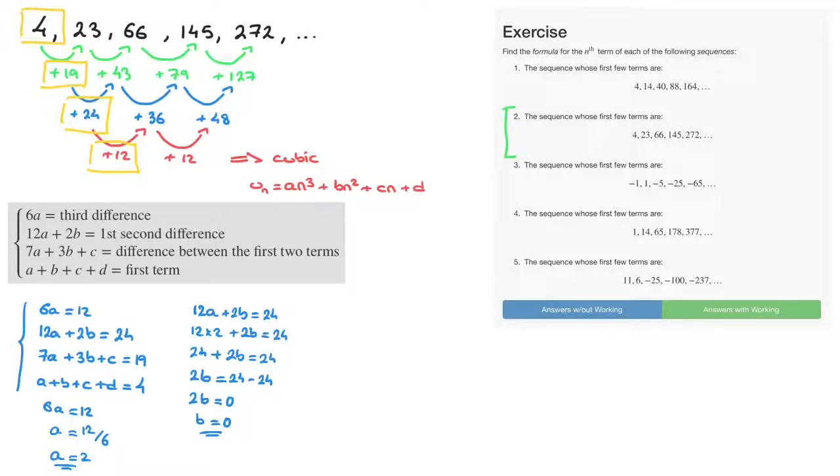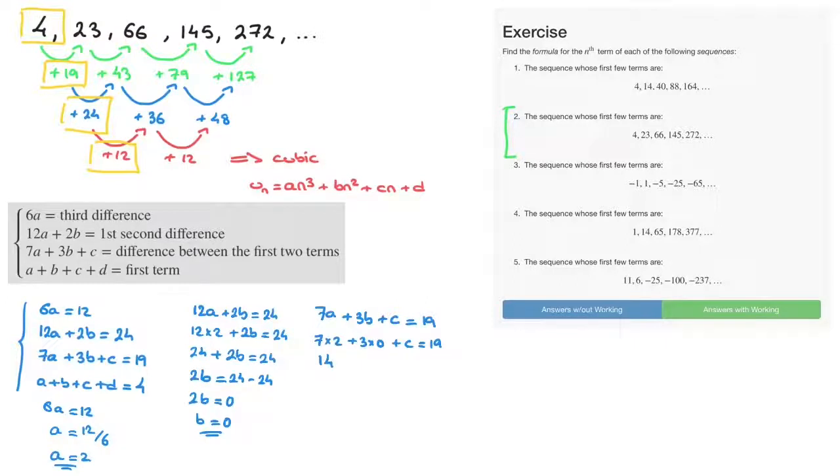Now that we know what b is, we move on to the third equation, and that's 7a plus 3b plus c equals 19. But we know that a is 2, and we know that b is 0, so this turns into 7 times 2 plus 3 times 0 plus c equals 19.